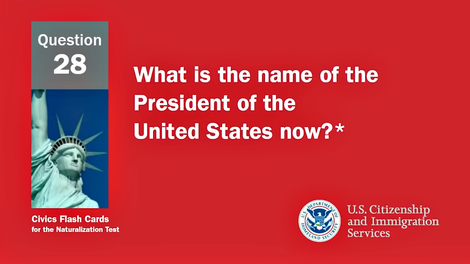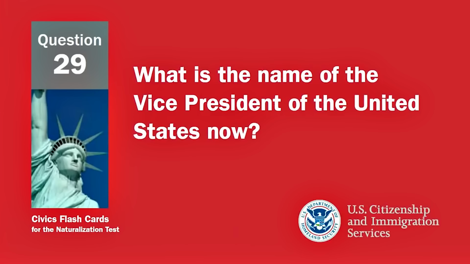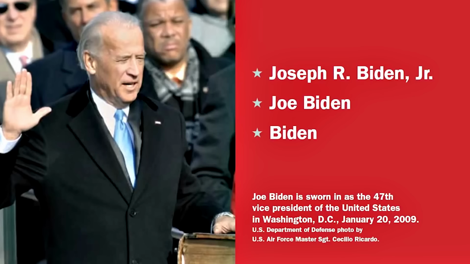What is the name of the President of the United States now? Barack Obama. Obama. What is the name of the Vice President of the United States now? Joseph R. Biden, Jr. Joe Biden.